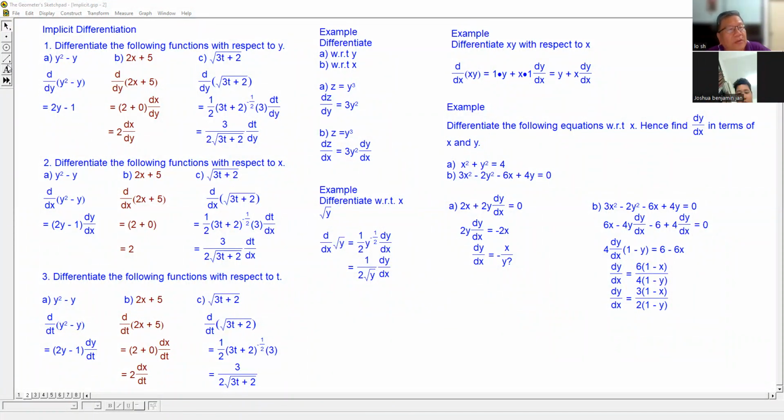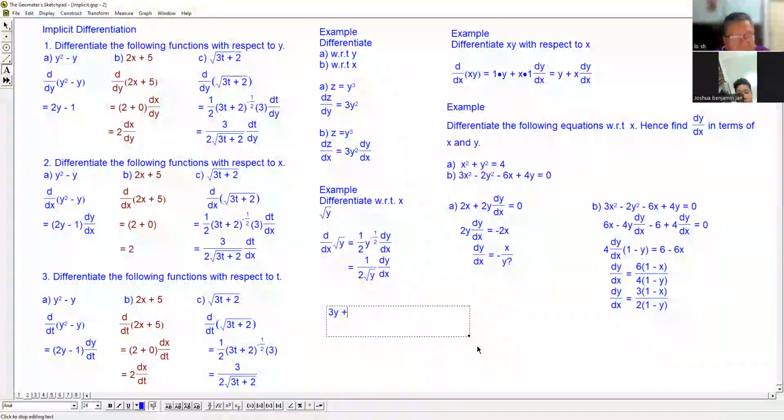Okay, so now I ask you, there is a function, let's say 3y plus 2x. Okay, this is a function.